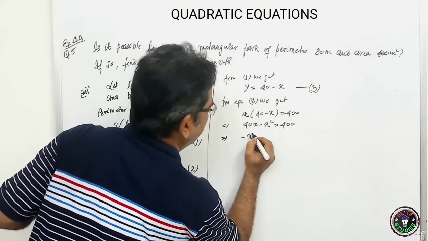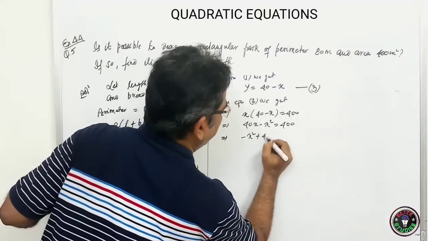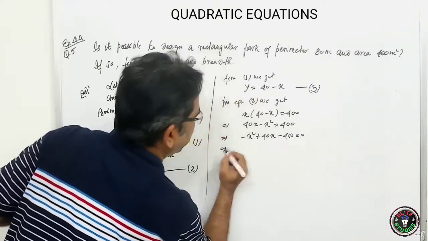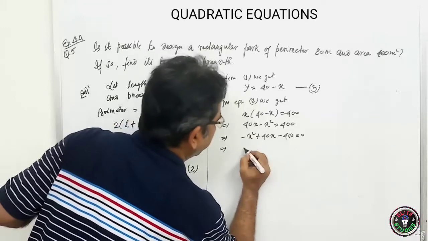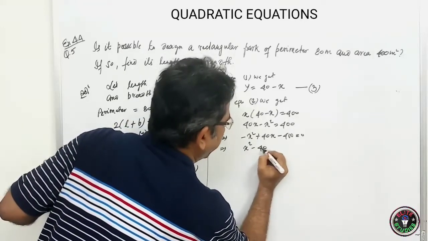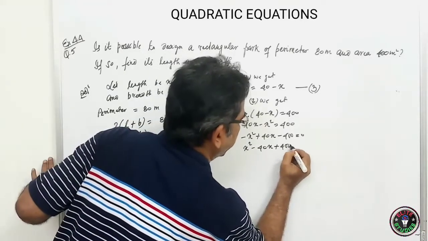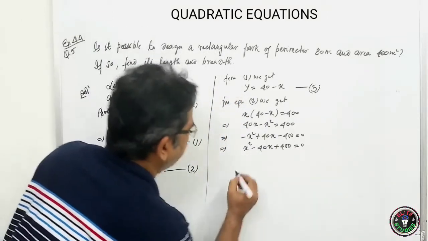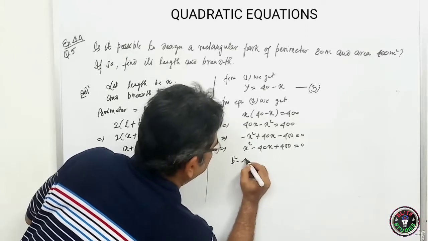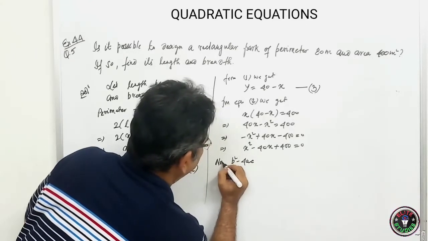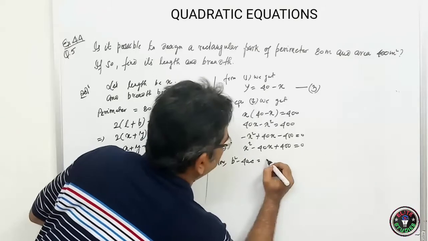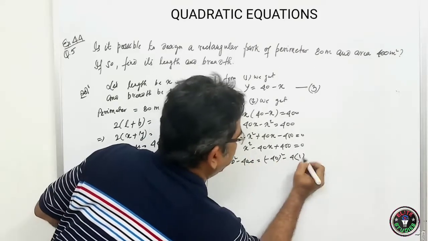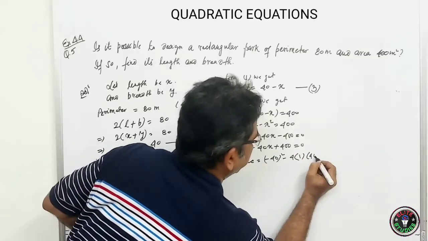So it will give you minus x square plus 40x minus 400 is equal to 0. Multiply both sides by minus, so it will be x square minus 40x plus 400 is equal to 0. Now first of all we will check b square minus 4ac. B square means minus 40 square, minus 4 times a is 1 and c is 400.